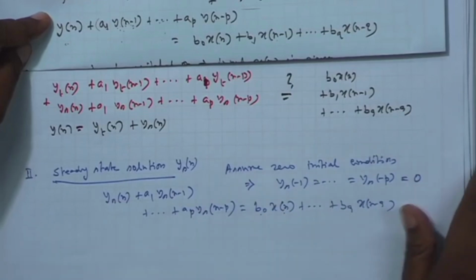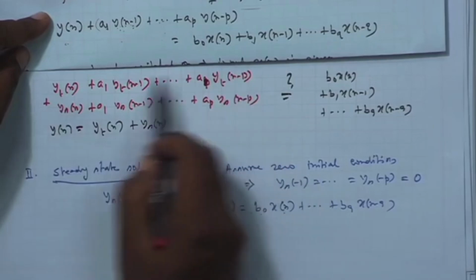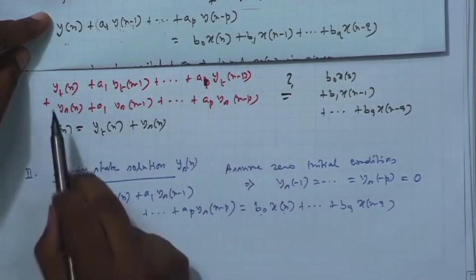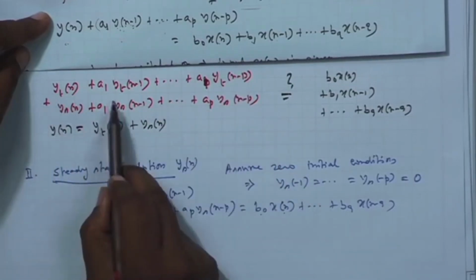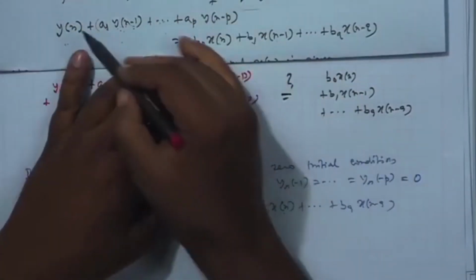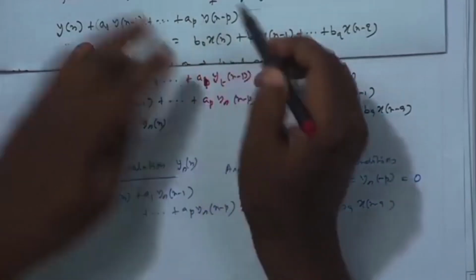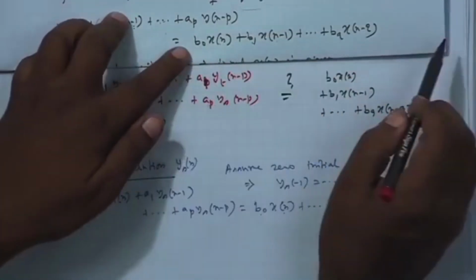Answer is yes, because what is the property of this transient solution? The transient solution was obtained by putting this y t n in the left hand side, y t n plus a 1 y t n minus 1 plus a p y t n minus p, with the right hand side 0.